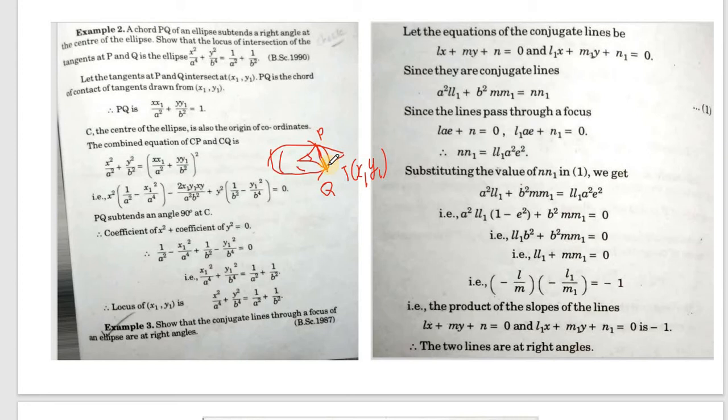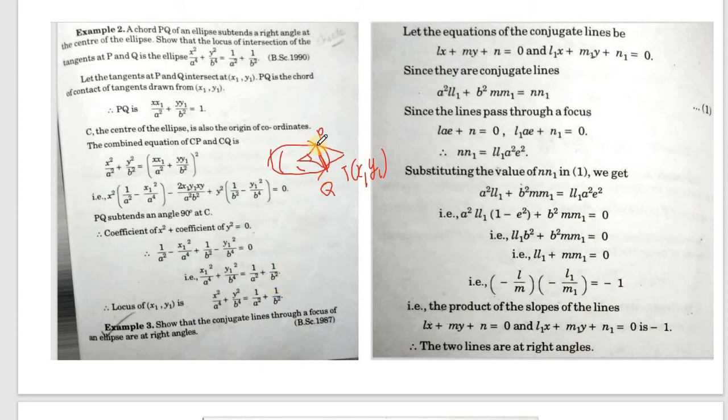By homogenizing the ellipse with the help of this line, we get the combined equation of the lines through origin, a pair of straight lines. Because it subtends 90 degrees, the coefficient of x square plus the coefficient of y square will be equal to 0. Dropping the suffix we get the locus. So that is the idea.